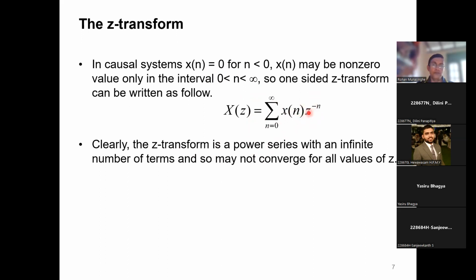It's a power series. z to the minus 1, minus 2, minus 3, minus 4. So therefore, the expression may or may not converge to a finite value, right? If it converges to a finite value, then the Z transform is defined. For whatever reason, if it does not converge to a finite value, then the Z transform does not exist.